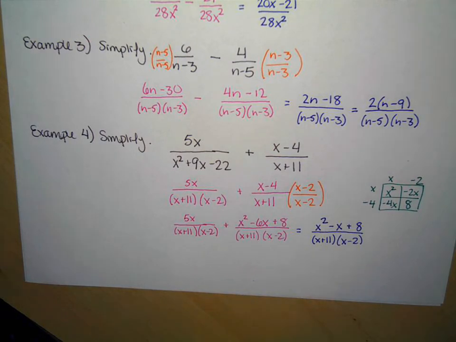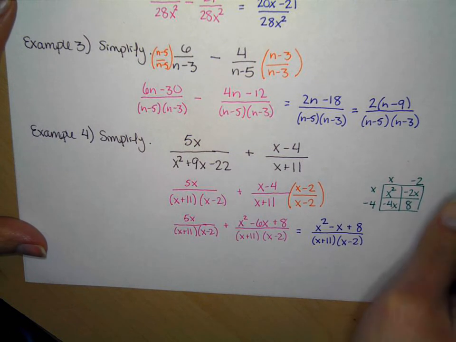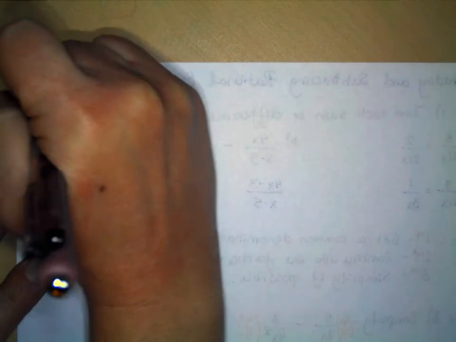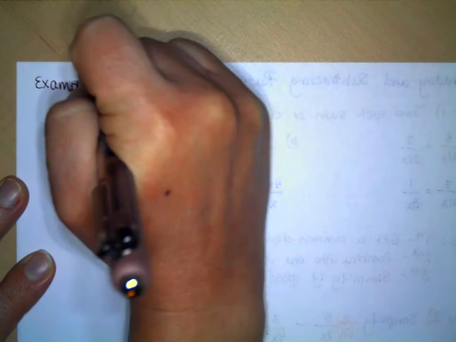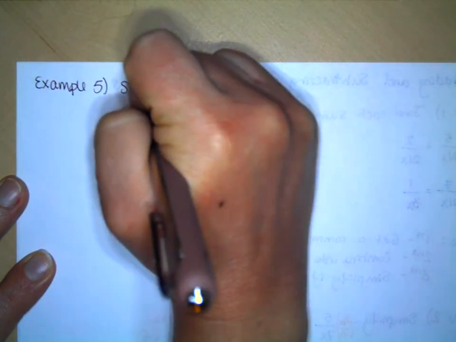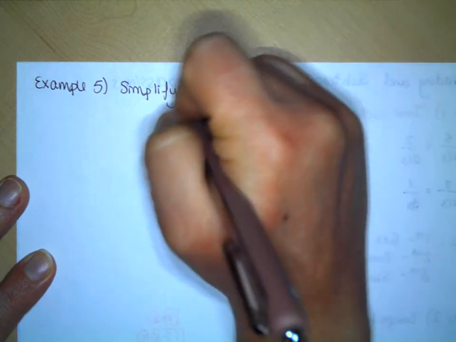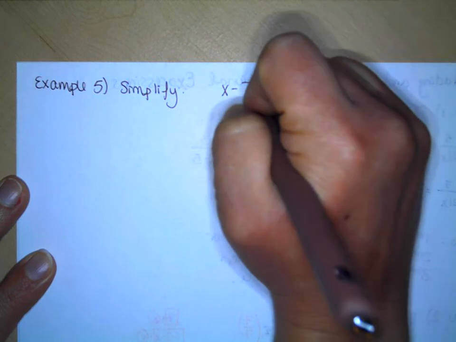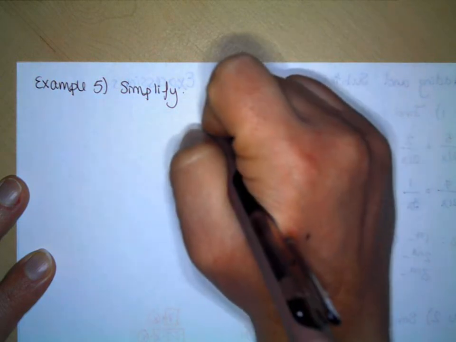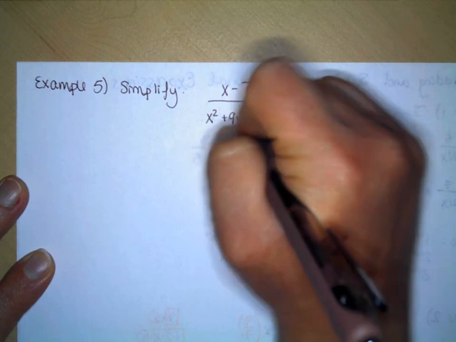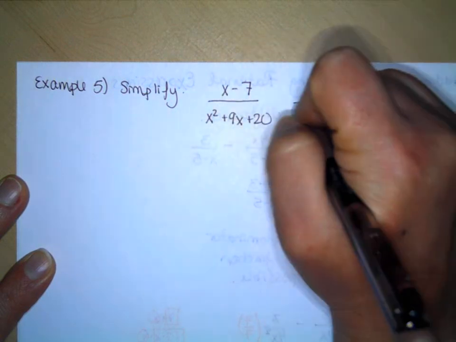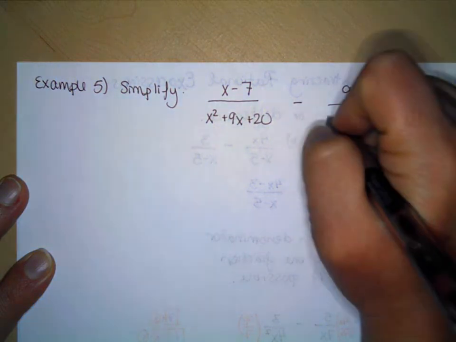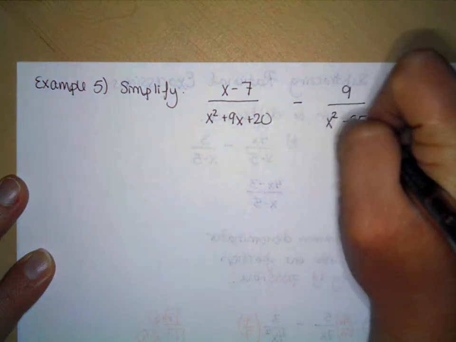All right, I'm going to turn my paper over for our very last example. So for example 5, we're going to simplify x minus 7 over x squared plus 9x plus 20 minus 9 over x squared minus 25.